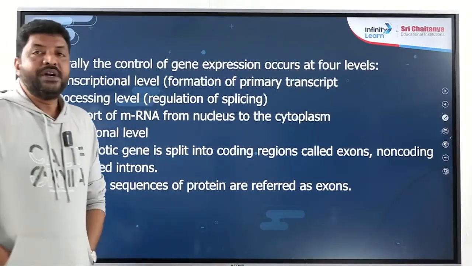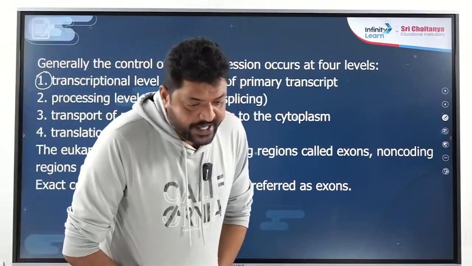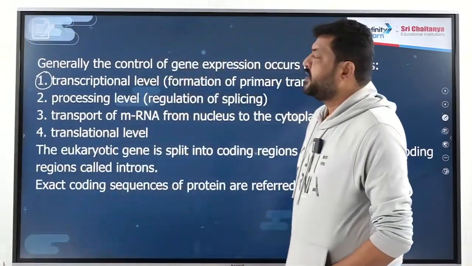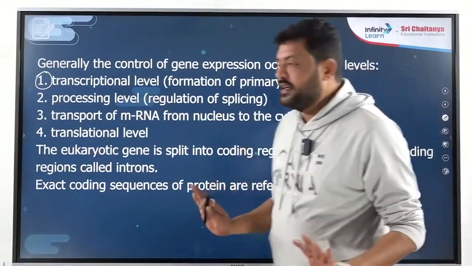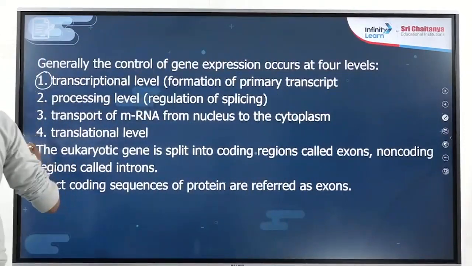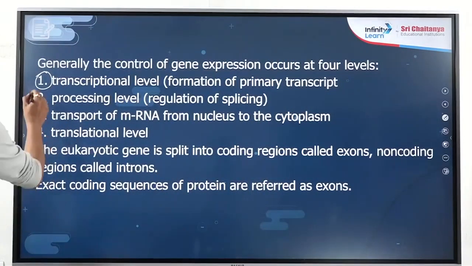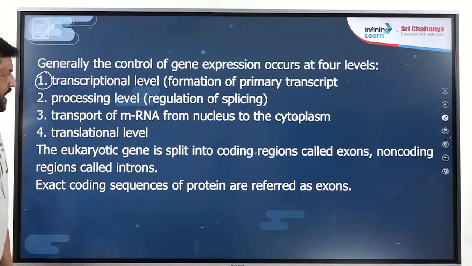Beta, I repeat once again, the most predominant site of gene regulation in prokaryotes is the transcriptional level. Was it clear? In eukaryotes you can select all the 4. In prokaryotes the most predominant site is the transcriptional level.